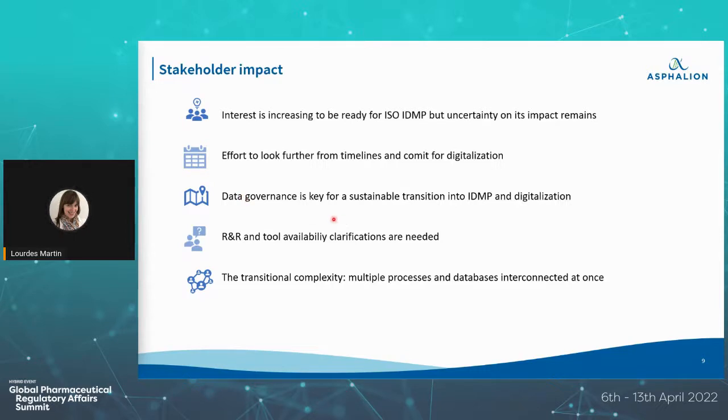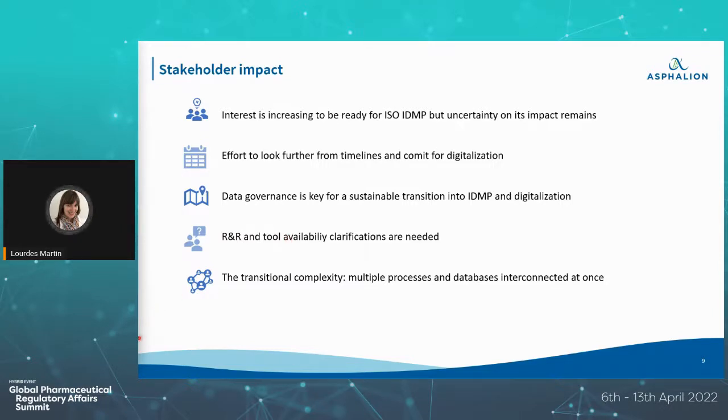Data governance is key for a sustainable transition into ISO IDMP. And of course, the roles and responsibilities, and those tools that were offered from the beginning and their availability, still need clarification. Industry still needs clarification on this to understand how they can move forward in the best way.